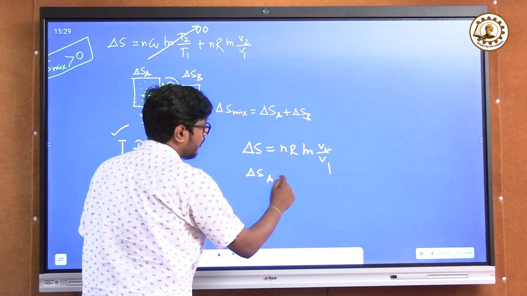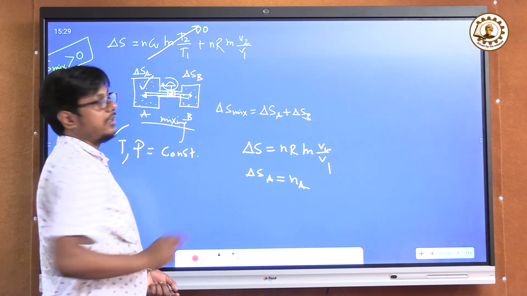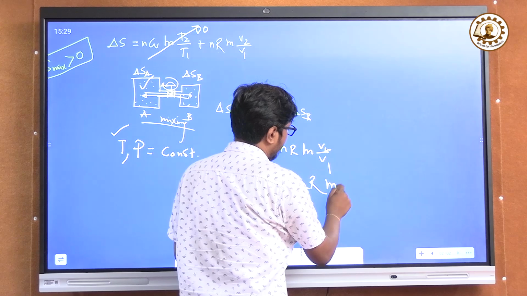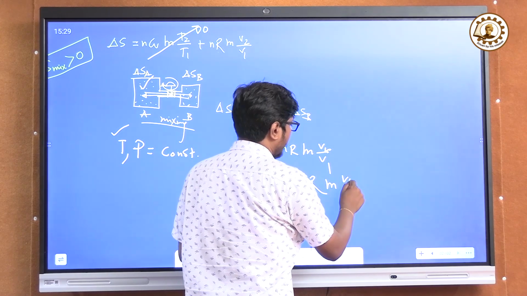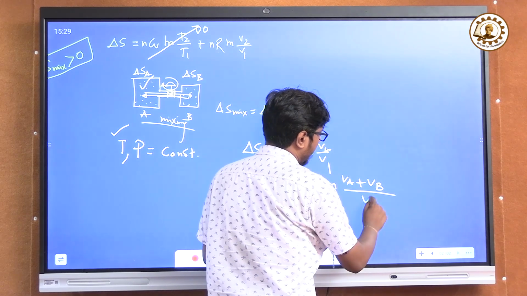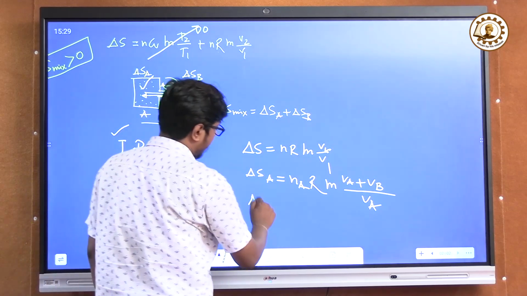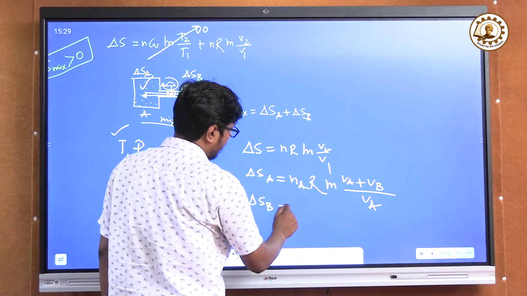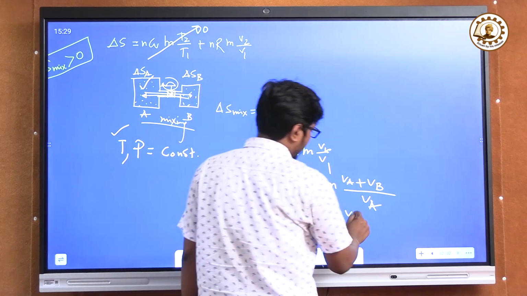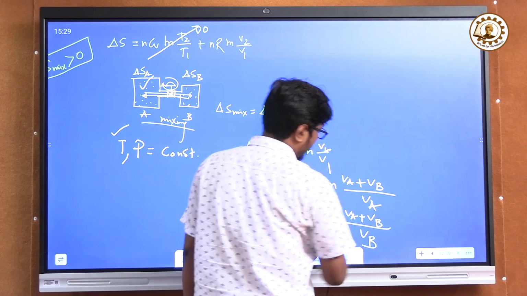Delta SA equals nA, that is the number of moles in A, times R times ln of V2, which means V final, VA plus VB, divided by V. And similarly, delta SB equals nB R ln of VA plus VB divided by V.